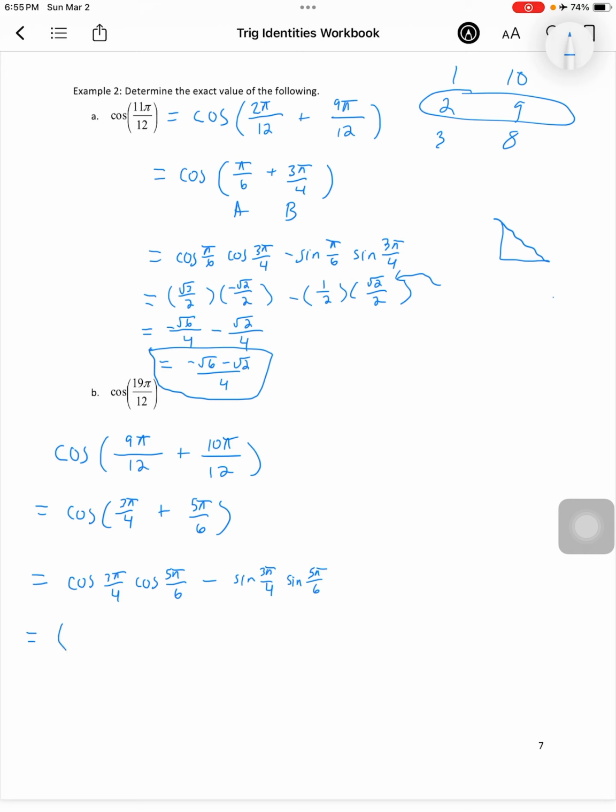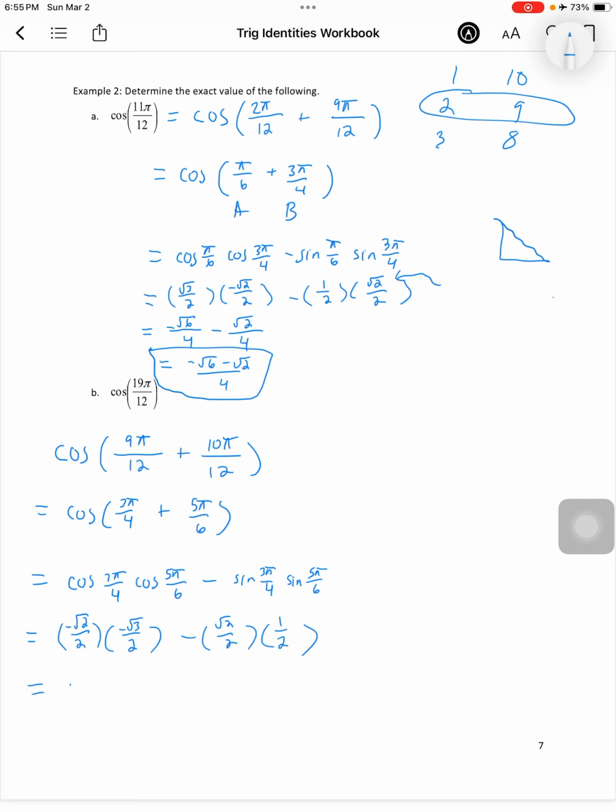So if you were to break each of these up into brackets and do your CAST and triangle rules, you're going to get negative square root 2 over 2, negative square root 3 over 2, and then square root 2 over 2, and then 1 over 2.